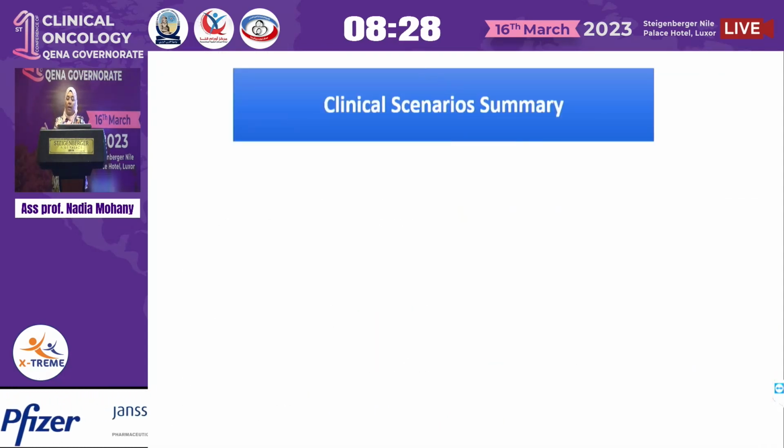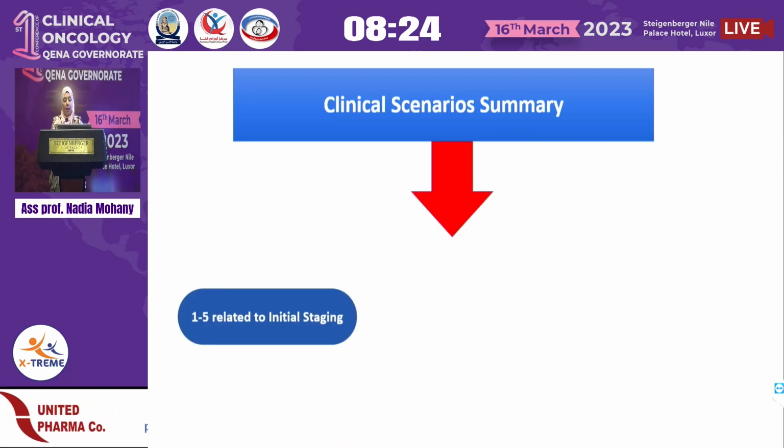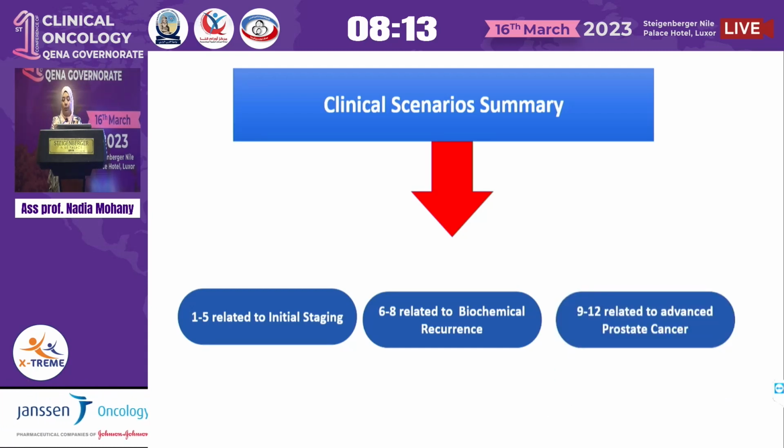These clinical scenarios are classified into three categories. The first class, scenarios 1 to 5, is related to initial staging, scenarios 6 to 8 are related to biochemical recurrence, and scenarios 9 to 12 are related to advanced prostate cancer or castrate-resistant prostate cancer.